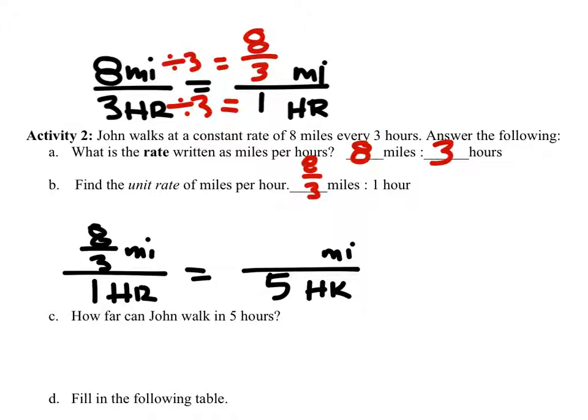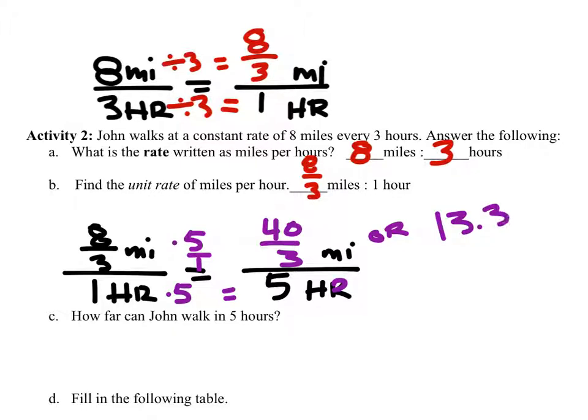Very good. 1 hour times 5 would give us the 5 hours. So 8/3 times 5. If you want to do fraction multiplication, that would be okay. 40/3 miles, or 13.3 repeating miles, in 5 hours.